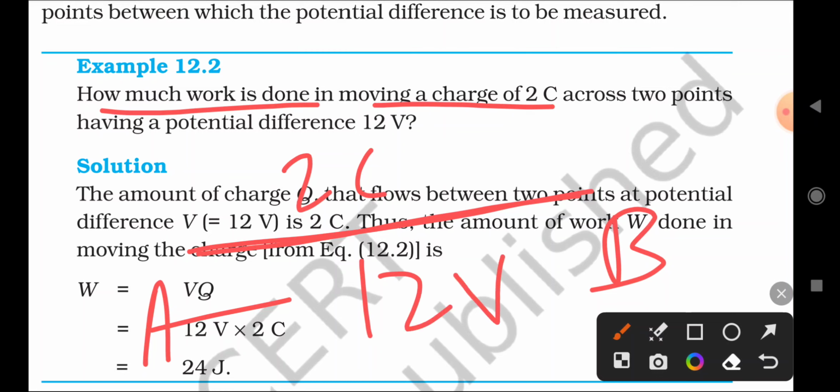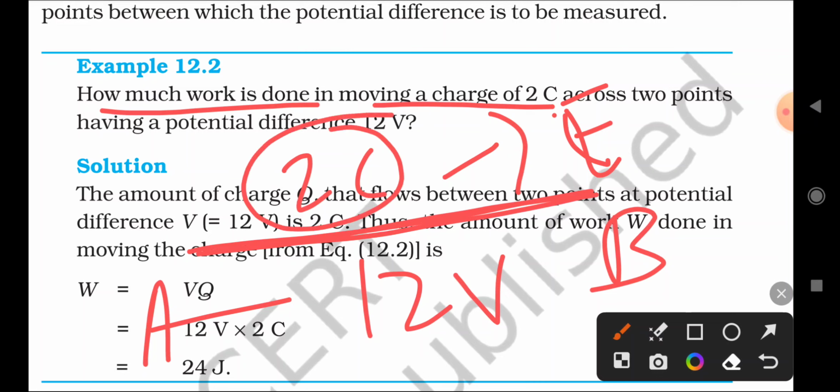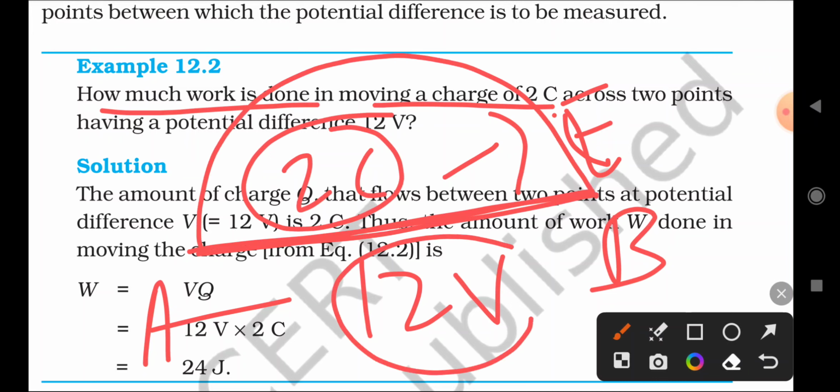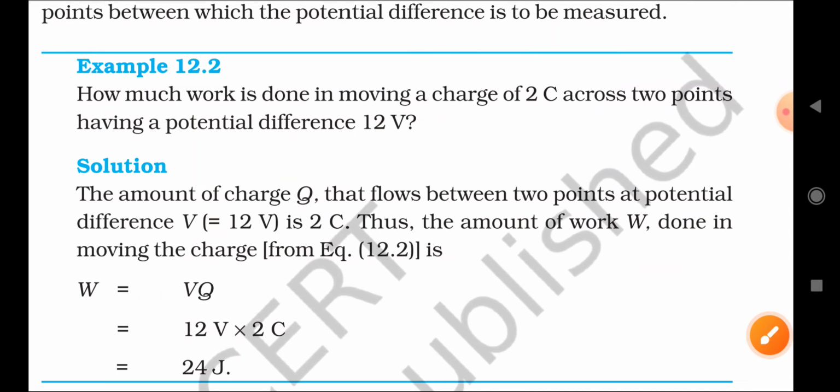They are asking how much energy will be required, correct? So the charges move from point A to point B, and the potential difference is 12 volt. Then how much energy is required? That is the question here.